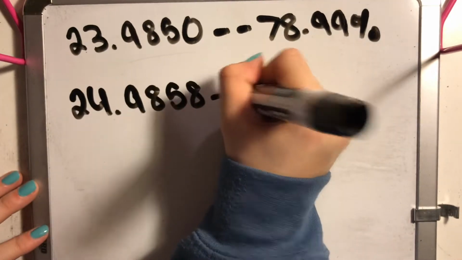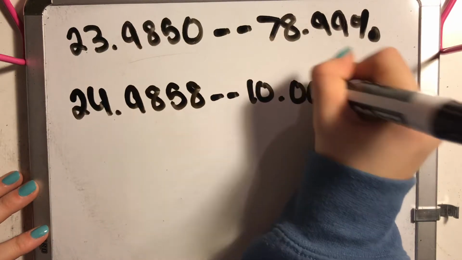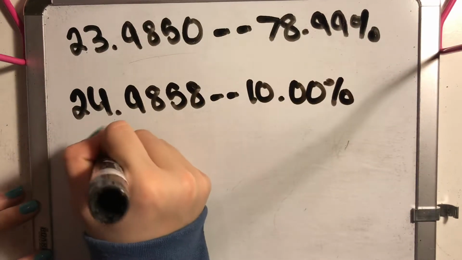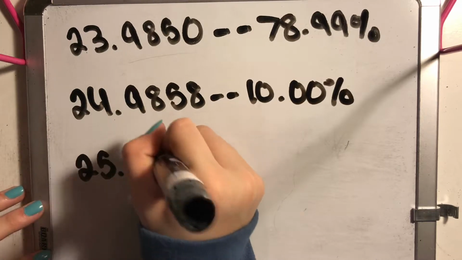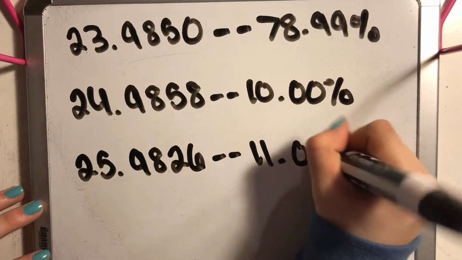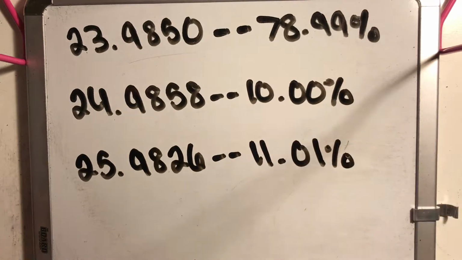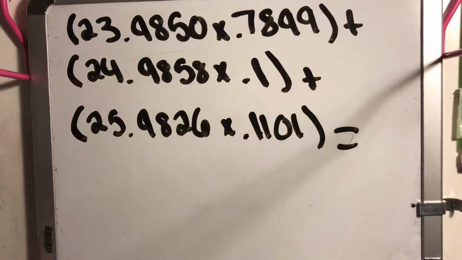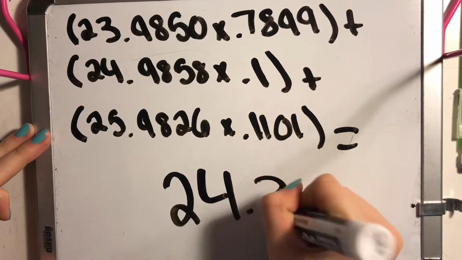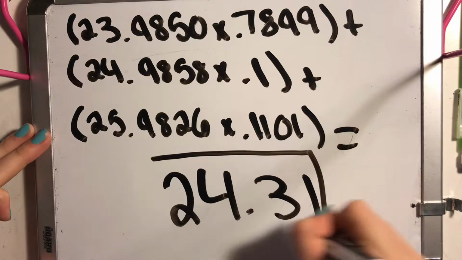And a third with a mass of 25.9826 that exists 11.01% of the time. And if you plug that all into your calculator, you should get 24.31.